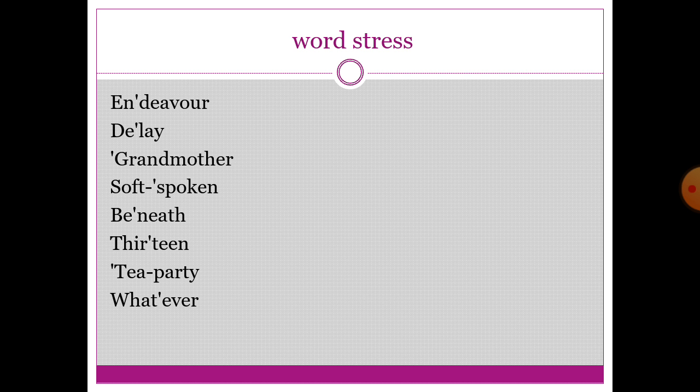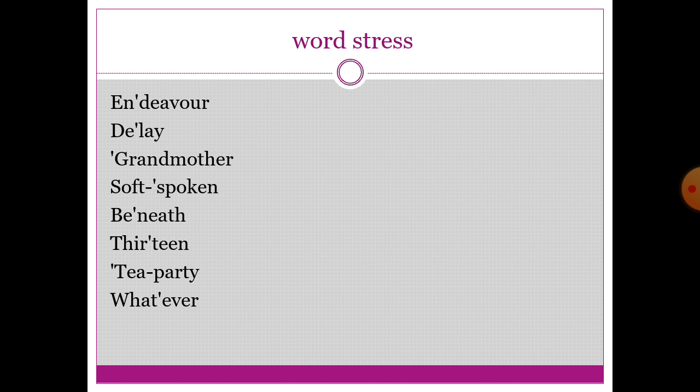The next word is whatever. Okay, here also we apply rule 2, where the words that end in ever, self and selves. You have already written the rule, just go through the rule. I am explaining for you.